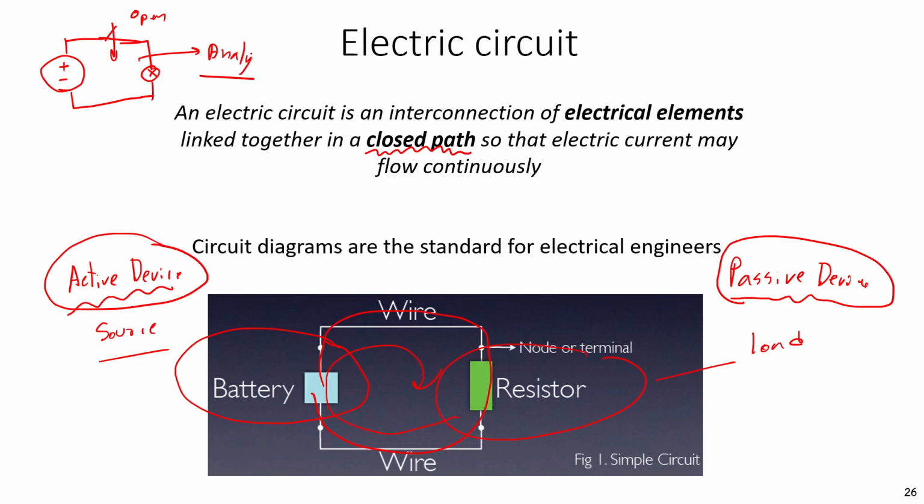And we have the analysis of the circuit in many ways. For example, if you have a battery to a lamp, for example, 10 volt, and this is 5 ohm.